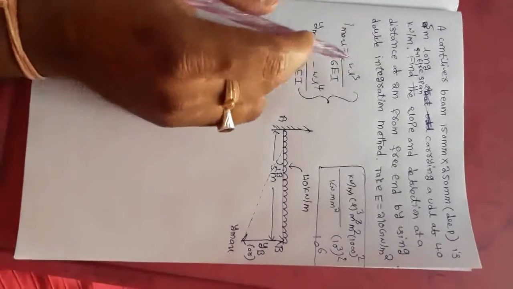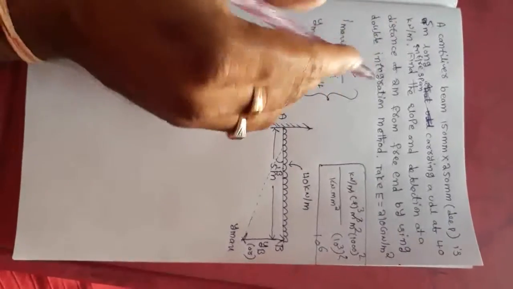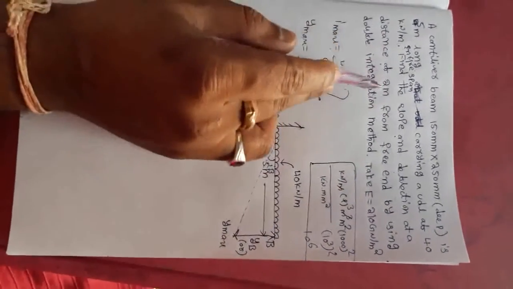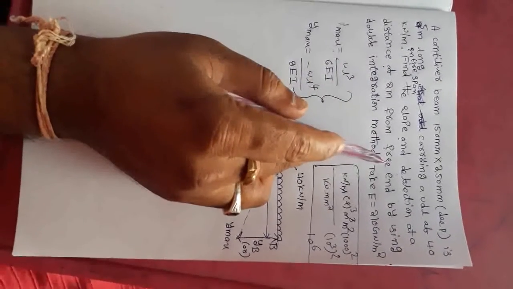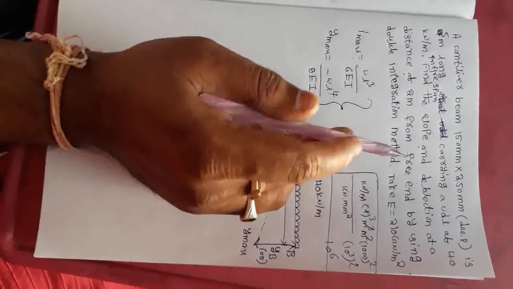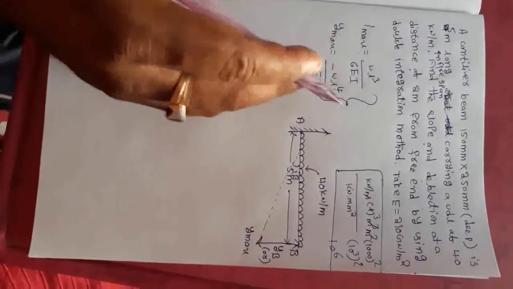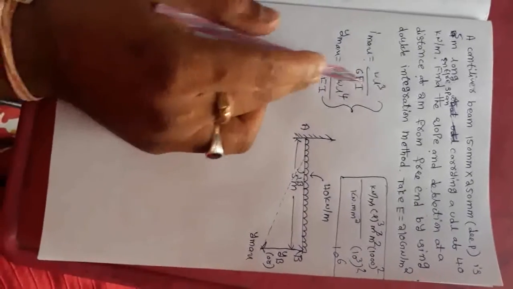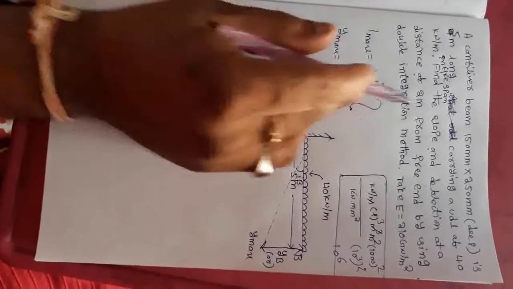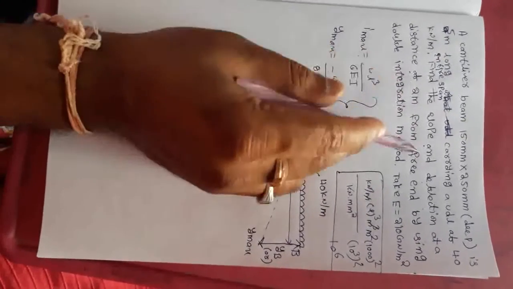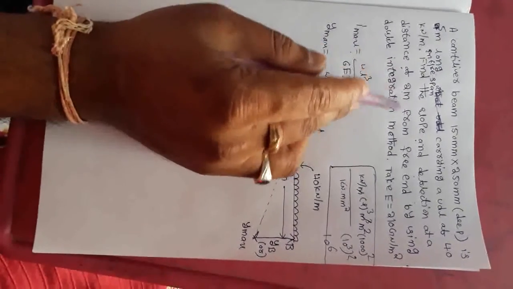But here he requires the slope and deflection at a distance of 2 meters from the free end.